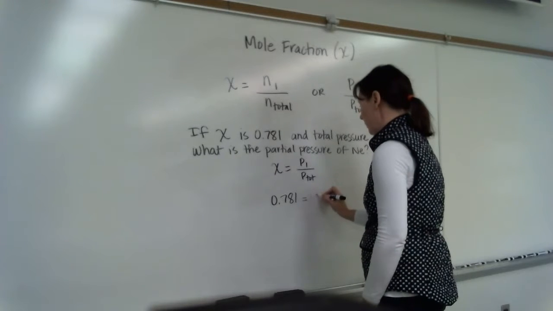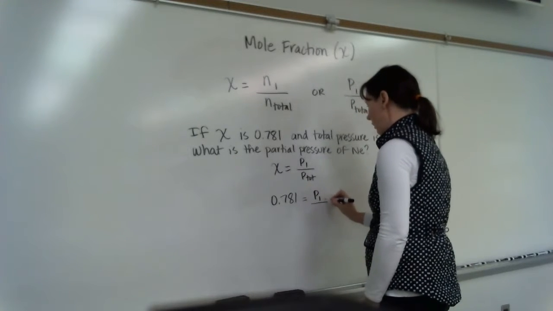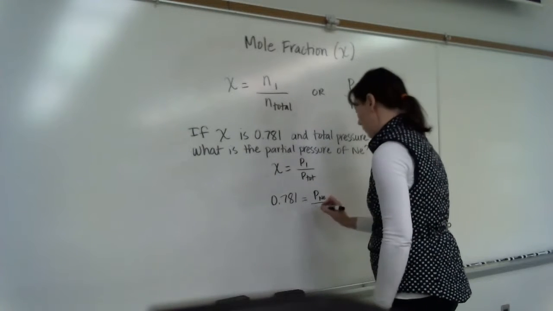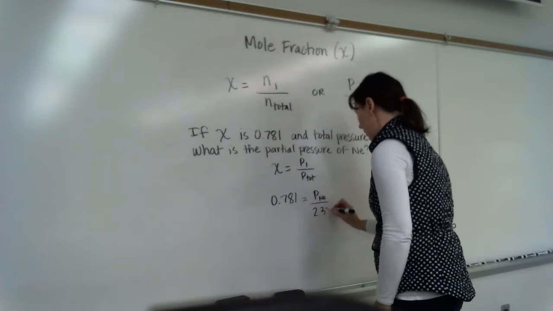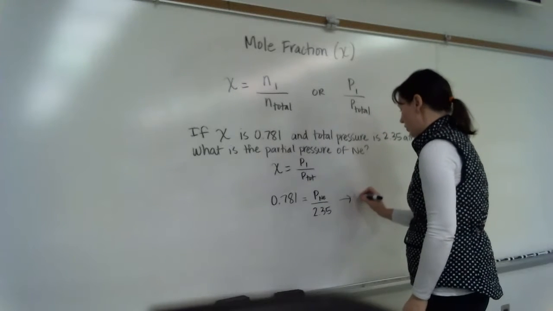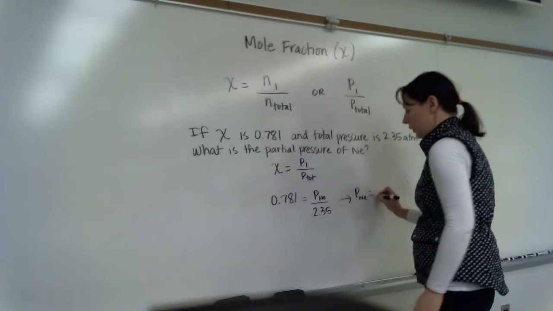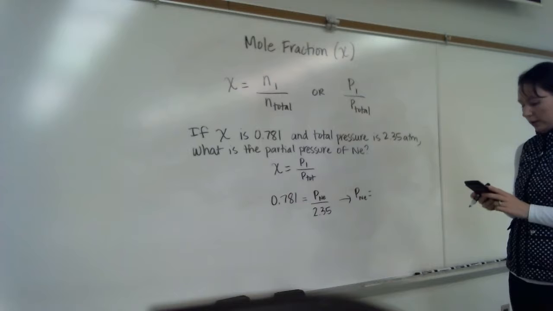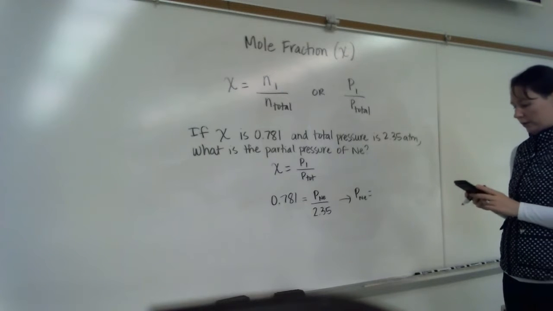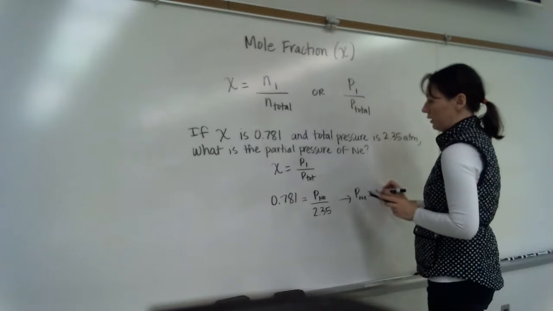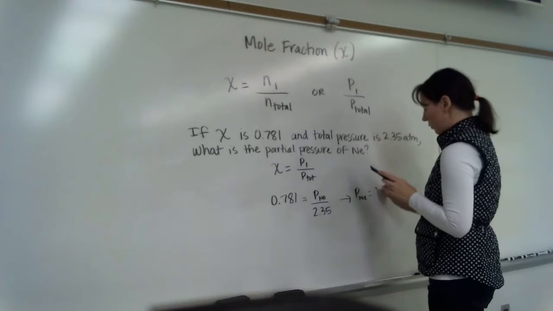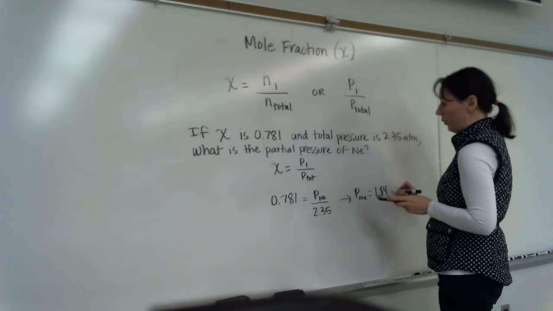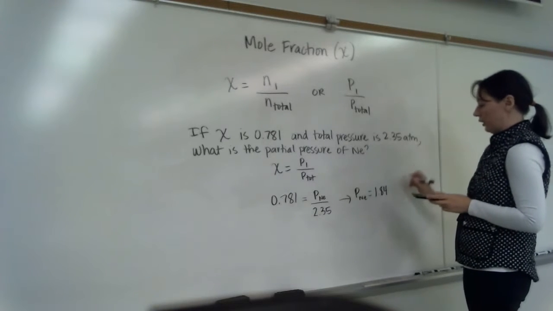Is equal to P of the neon over the total pressure, which is 2.35. So what is the pressure of the neon? You just multiply by 2.35. So 0.781 times 2.35 gives me, keeping 3 sig figs, 1.84. And my unit would be what? Whatever the unit of total pressure is.